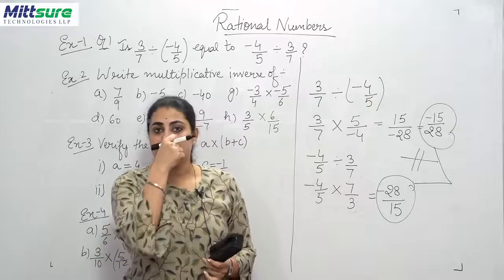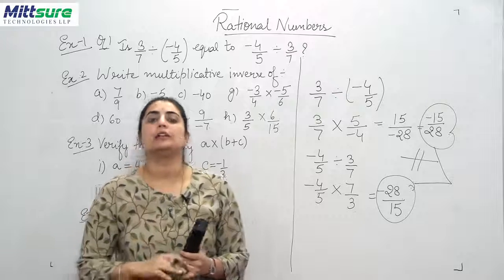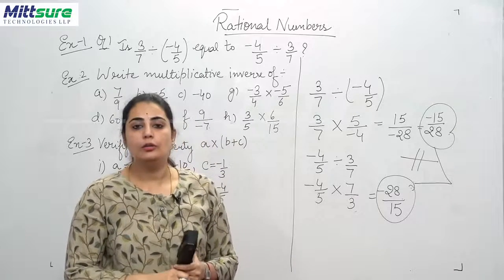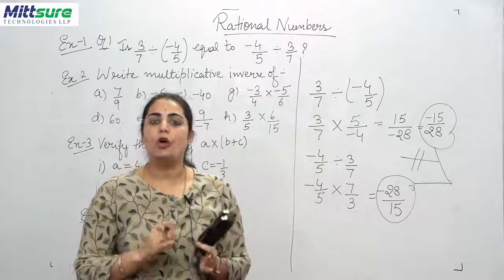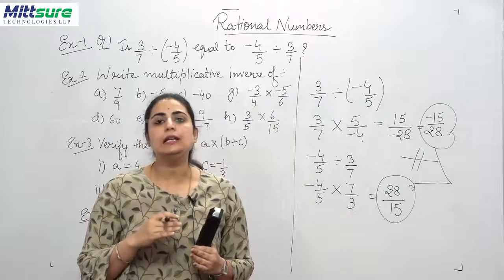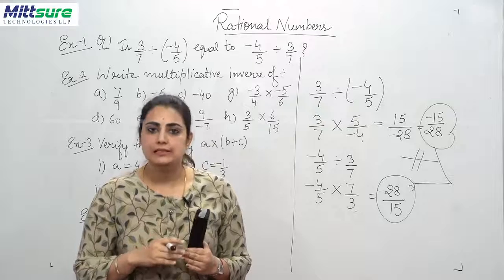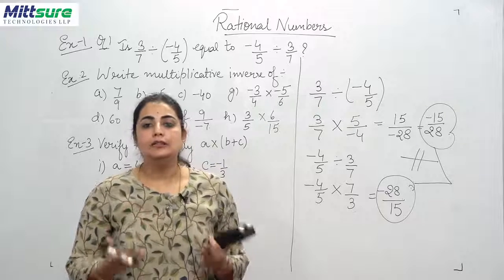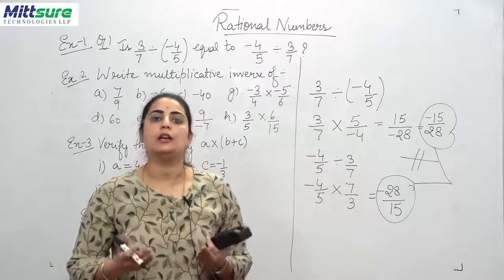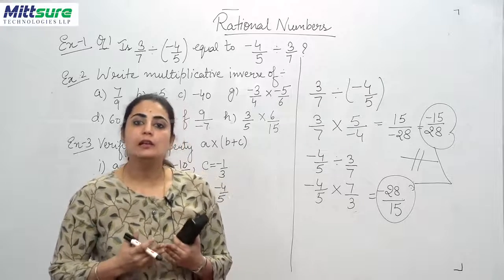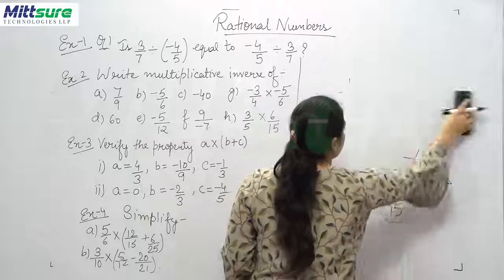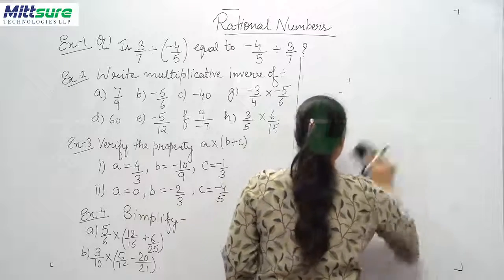So this shows that the division of rational numbers is not commutative in nature. Whenever you change the order while doing the division of rational numbers, certainly the quotient will not remain the same, and you will get different quotients according to the arrangement of the order of rational numbers.